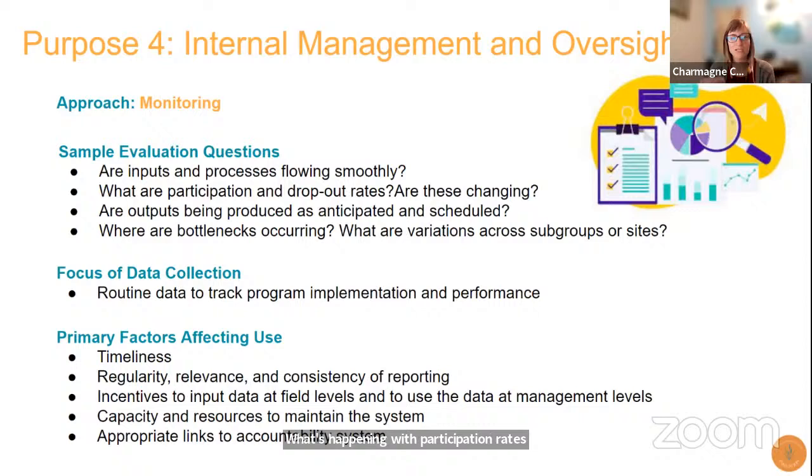So this is really about routine data to track program implementation and performance and make tweaks along the way. And this really requires timeliness, regularity, relevance, incentives to staff to really gather the data and making sure that they see the utility in it and the capacity to do that, as well as appropriate systems and links to accountability systems. So we are going to talk about what that looks like in COVID.